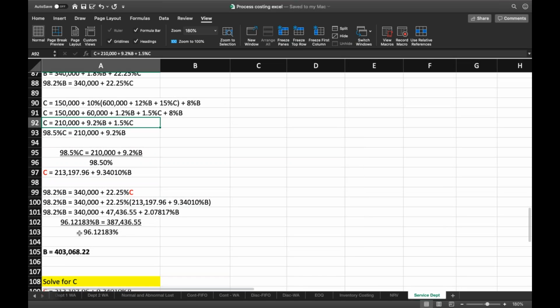We will now have 98.2% B is equal to 340,000 plus 47,436.55 plus 2.07817% B.